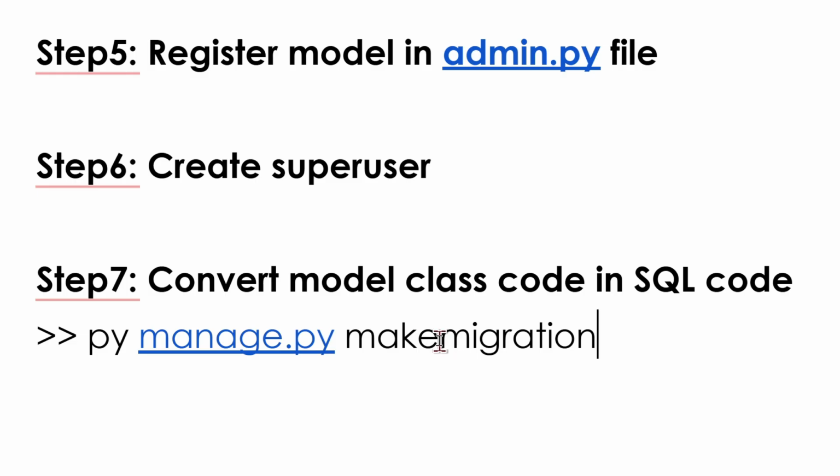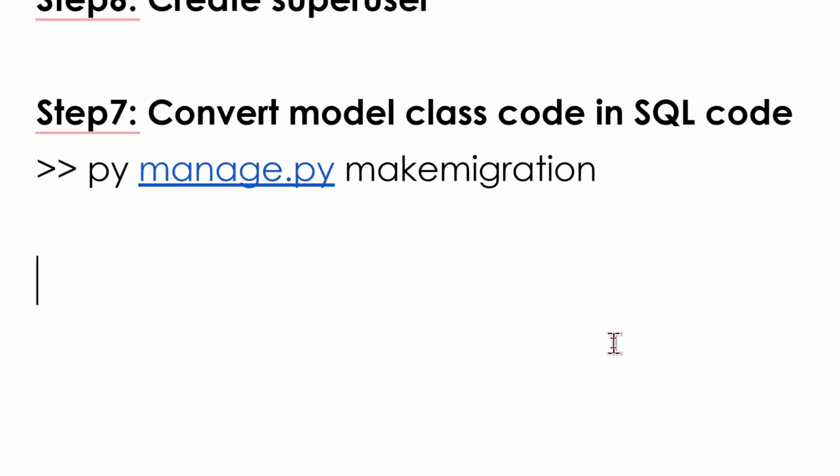So there should not be any space between make and migrations. Okay, and the next step is, okay, so the next step is step 8.